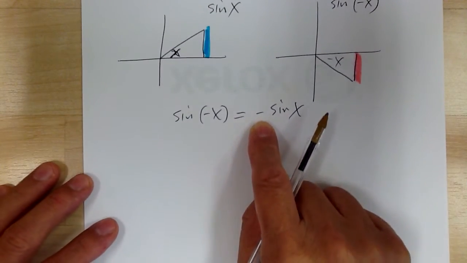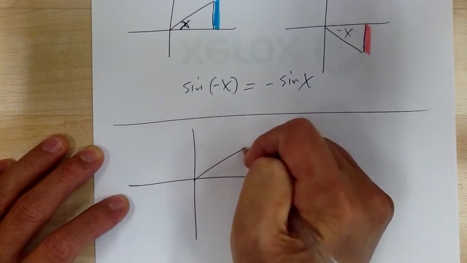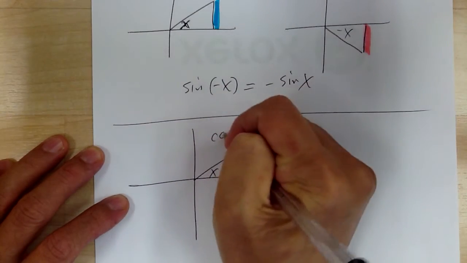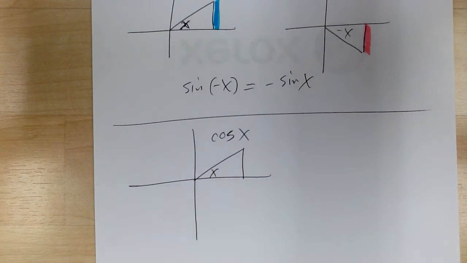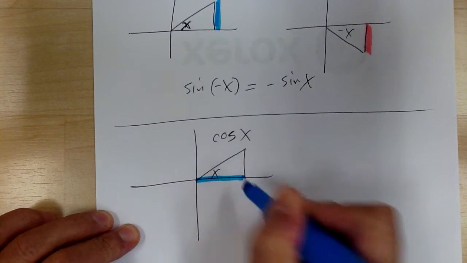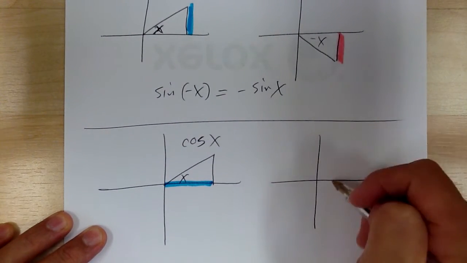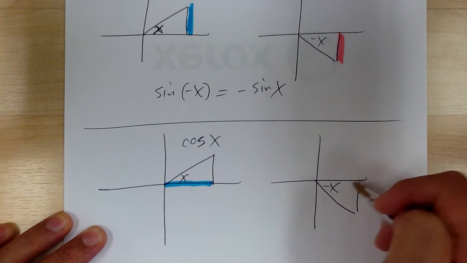Okay? So now let's look at cosine. Over here, here's your x. So cosine of x is right over here. That's the cosine of x. And if you draw the next picture, let's go ahead and use the negative x. That's the angle.